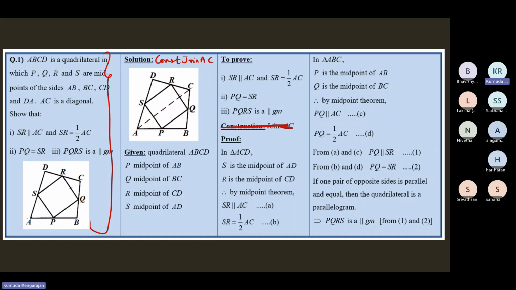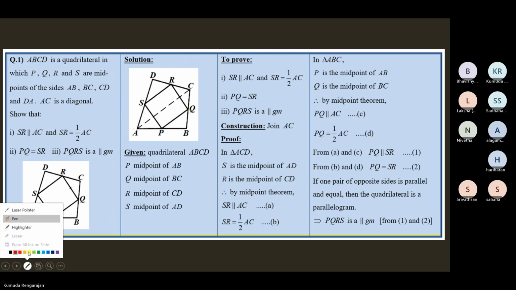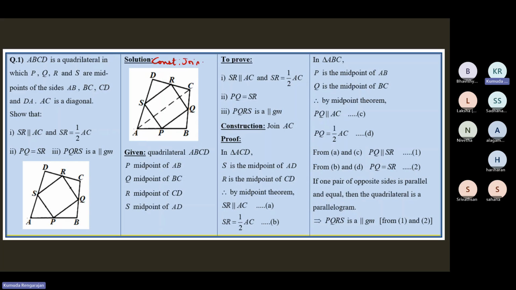If it is already joined in the figure, you don't have to say construction join AC. If it is not joined, then you'll have to say construction join AC and join it.